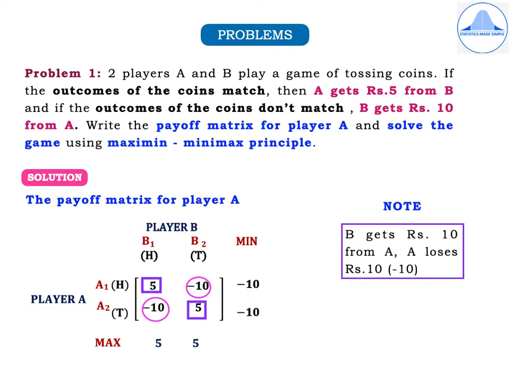Similarly, if player A's strategy is A2, which is tail, and player B's strategy is B1, which is head, again B gets rupees 10 from A, or in other words, A is losing 10 rupees. So the payoff matrix will look as shown in this slide.